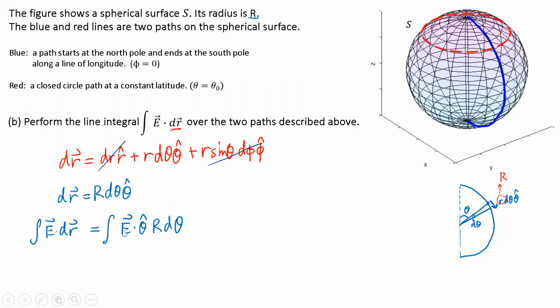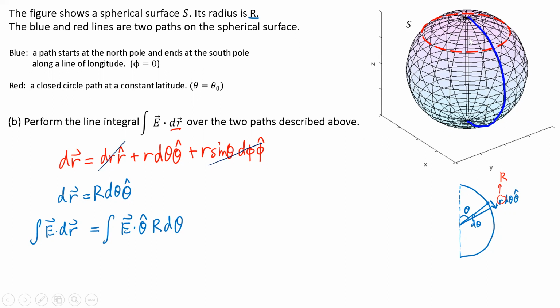Let's take care of E dot theta hat a little bit later, but let's take care of the integration limits first. Because just one variable is changing and the other two are not, there's actually no need to do parameterization at all. You just need to tell me the initial value of theta and the final value of theta.